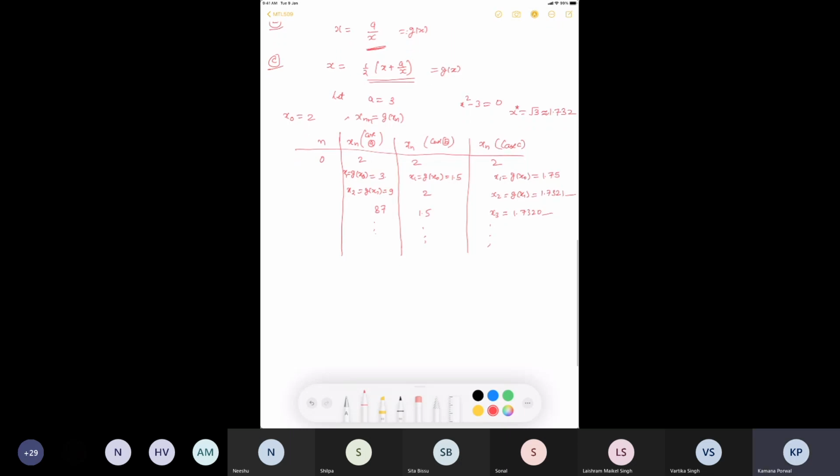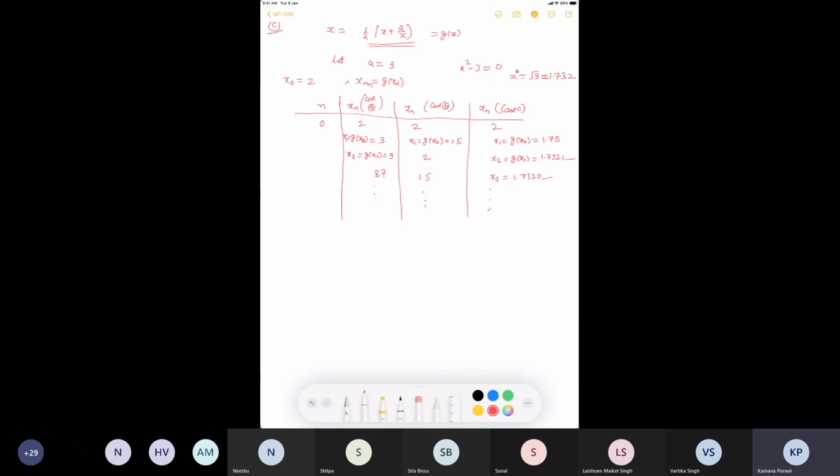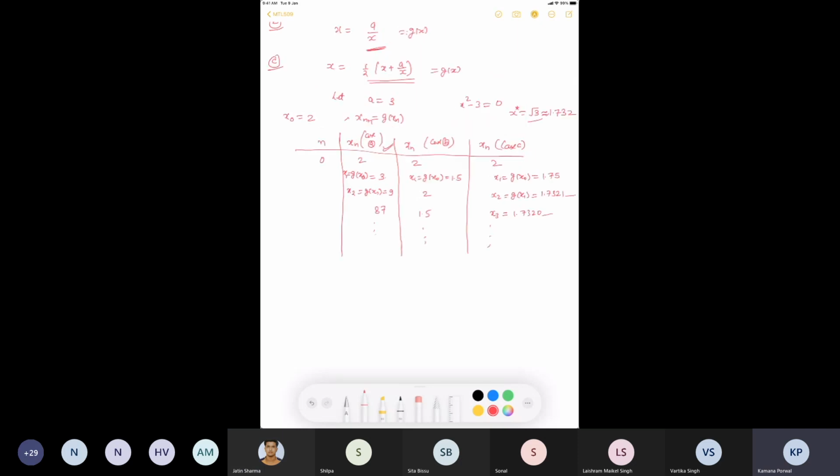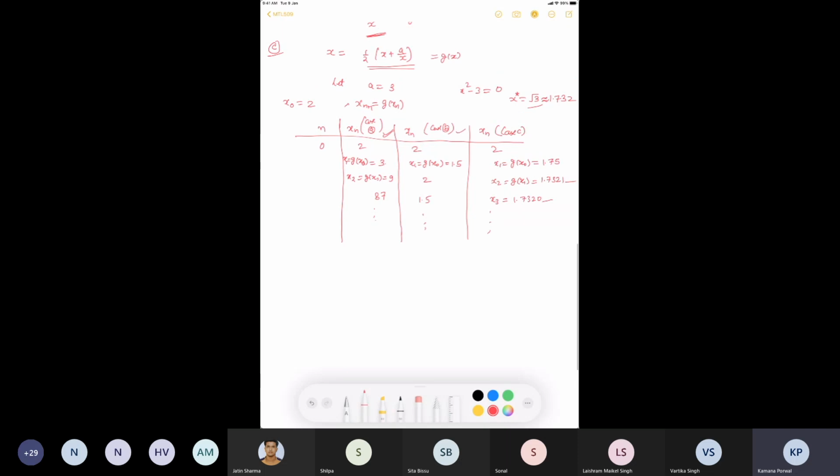So one thing you can clearly see, what can you say about the convergence of this sequence xn arising from the case A? Divergent. It doesn't seem to converge to the root 3, right? It's rather diverging. Likewise, if you observe the case B, the sequence is oscillating. You just go to 2 and 1.5, 2 and 1. This is the way it will be behaving.